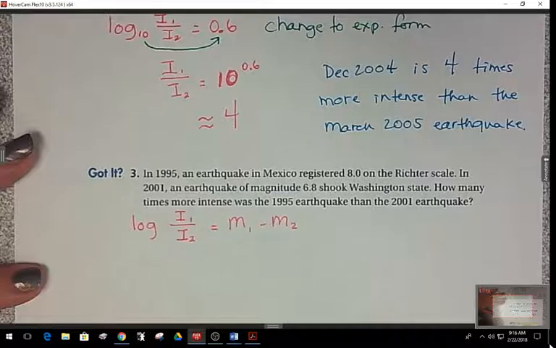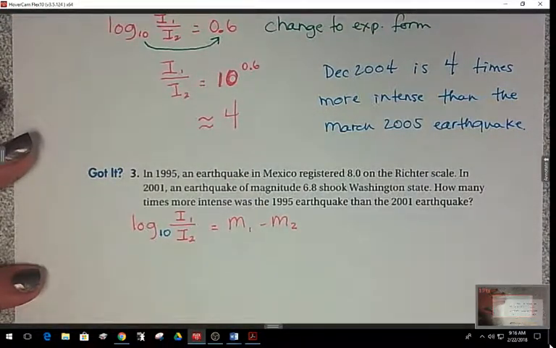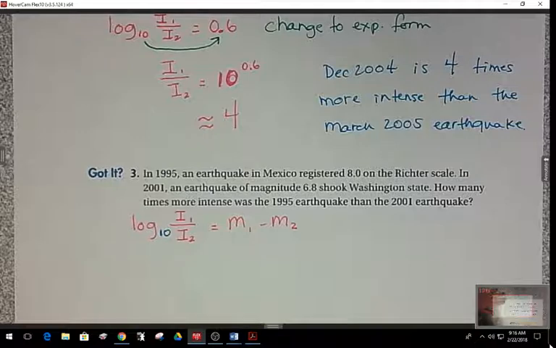Okay, and once again, remember this is a base 10. So you may want to pause it here while you finish working this one. See if you can do it on your own. And then once you've finished it, come back, hit play again, and see how you did.